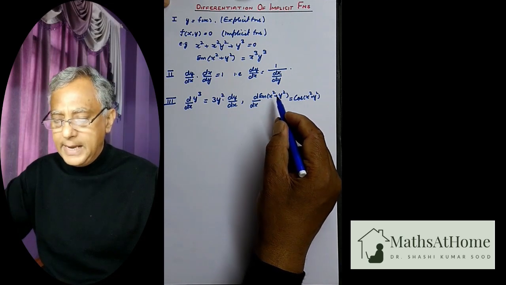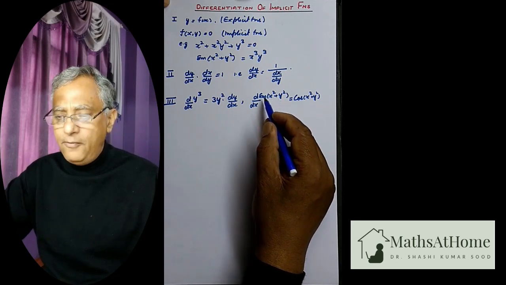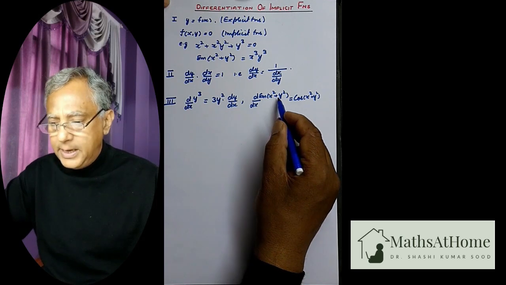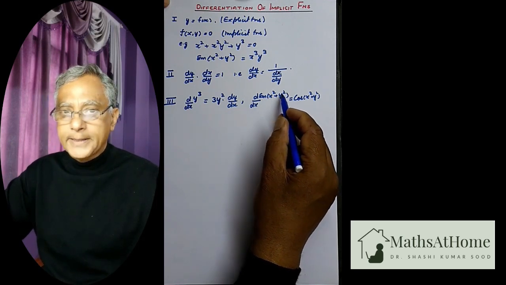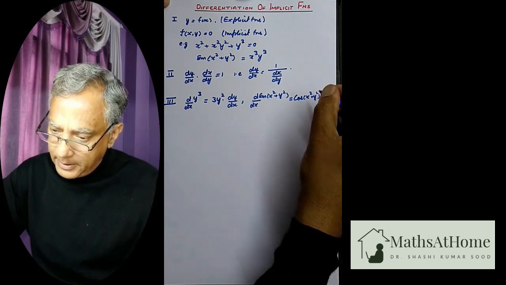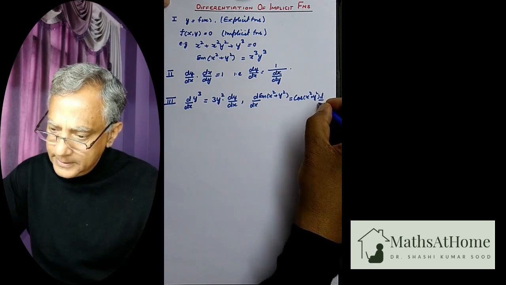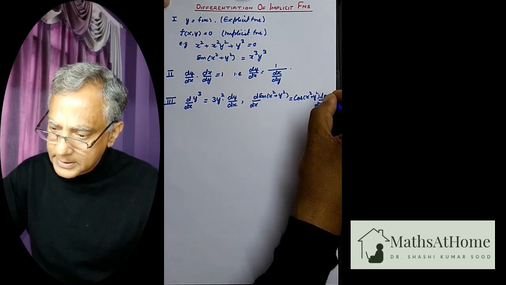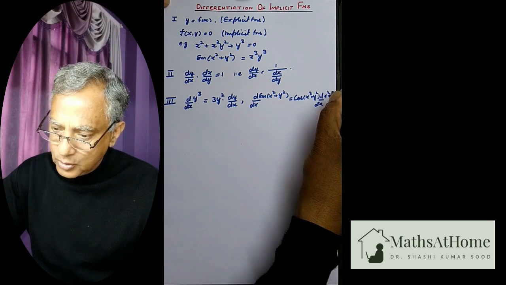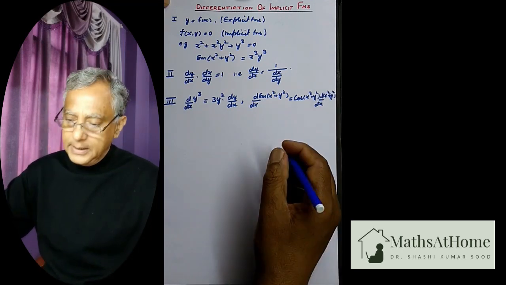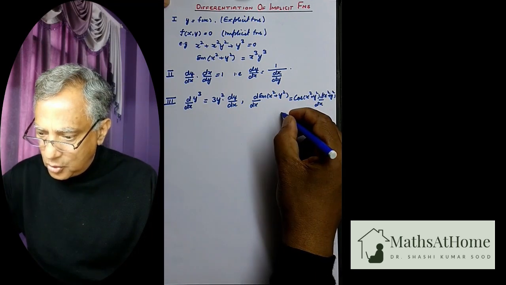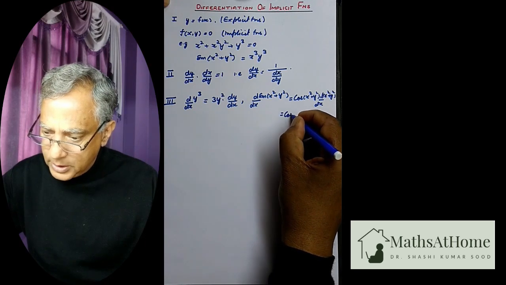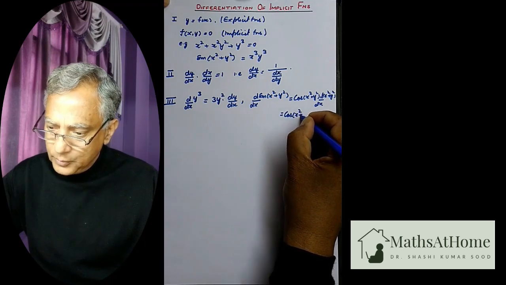The formula for sine x is being used for sine of f(x), so we must take differentiation of f(x). So we will have d by dx of (x square plus y square).